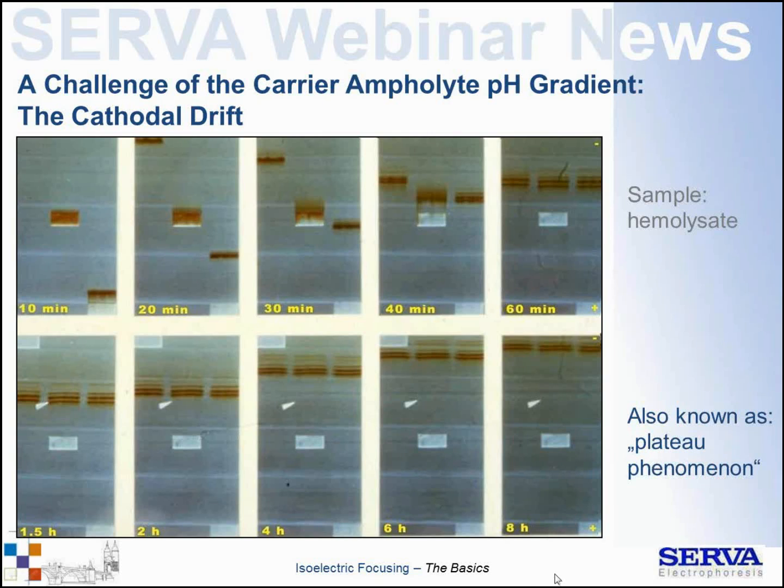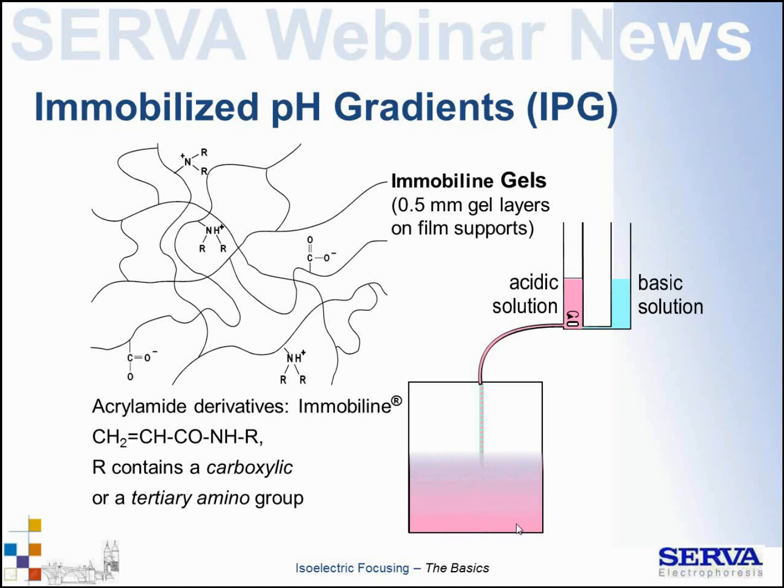This was the reason why in the 70s of the last century the immobilized pH gradients were developed, an alternative where the pH gradient is generated by a gradient maker, and you are attaching carboxylic and tertiary amino groups during polymerization of the gel by using acrylamide derivatives with carboxylic and tertiary amino groups in special mixtures.